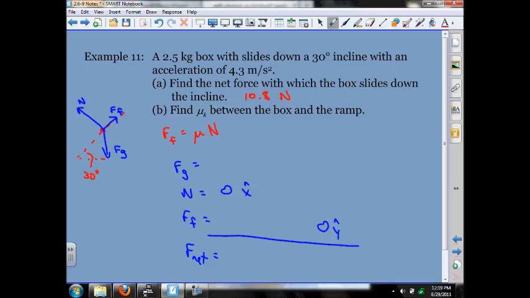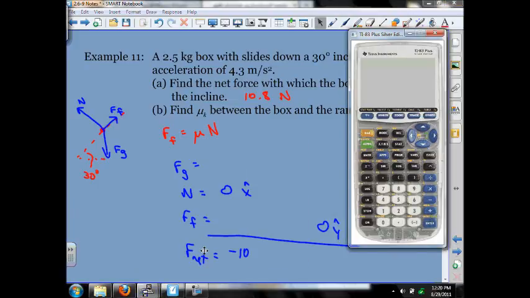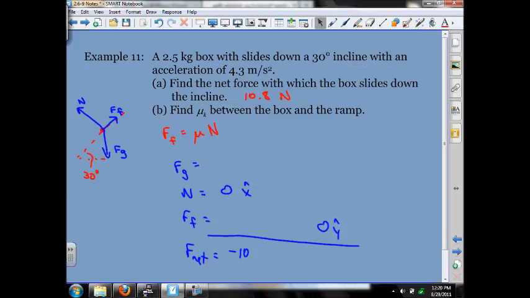It's going to be going down the incline, good, which is in which direction? Negative x direction, right? And it's all in the negative x direction. So the net force of this sliding down the incline has an x component of negative 10.8. Let's actually use the non-rounded answer. Negative 10.75.